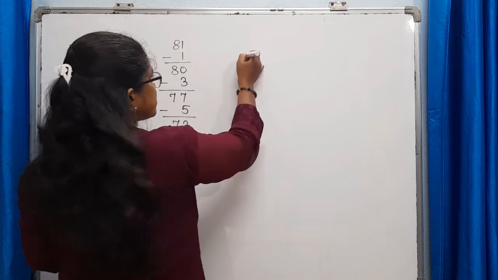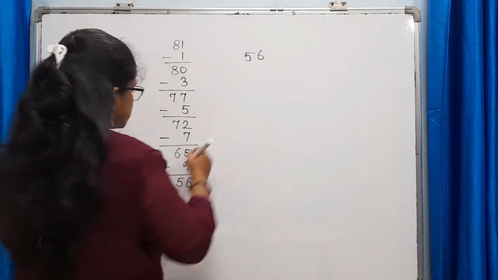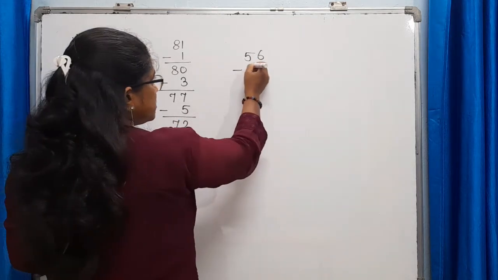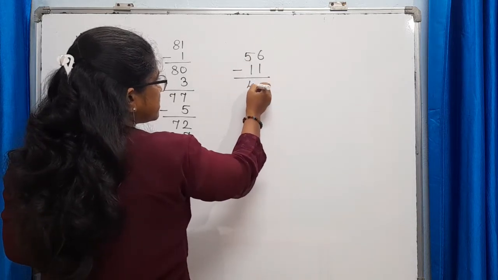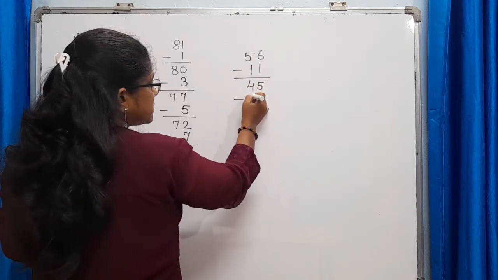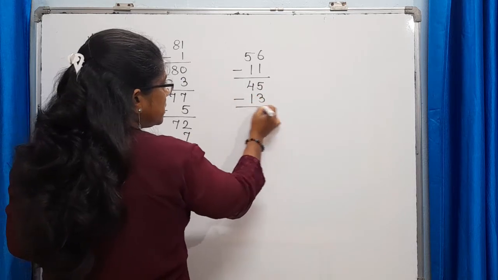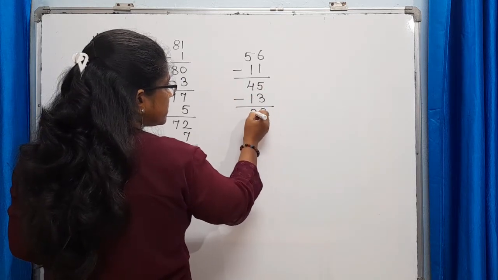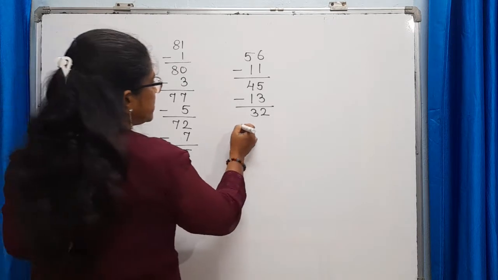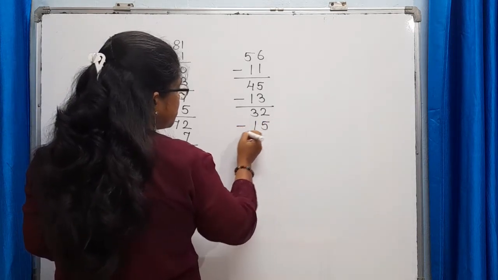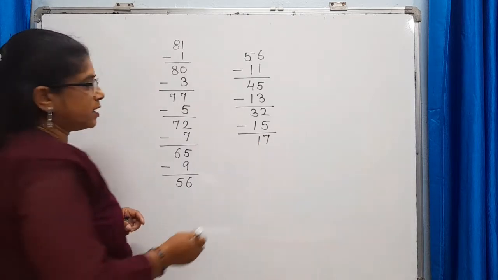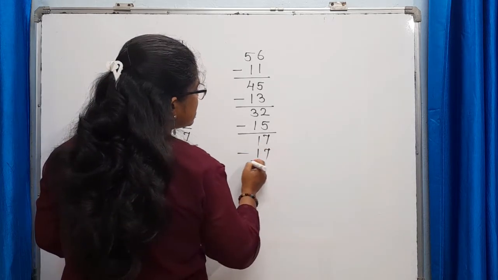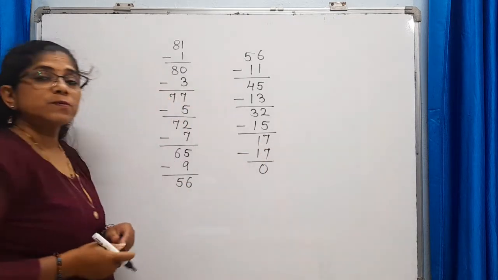We will continue here. After 9, next odd number, 11. 56 minus 11, 45. Let's subtract next odd number, 13. 32. Next odd number, subtract 15. 17. Less 17, we get 0.